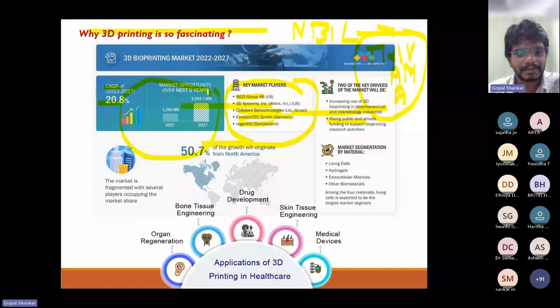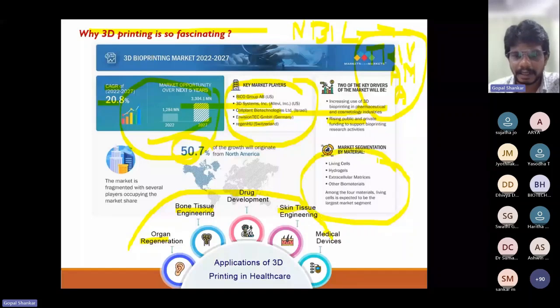And you see that the market is fragmented into many players, but most of the time it is from North America, that is US, Canada, etc. And you can use them for all of these applications: organ regeneration, bone regeneration, drug development, skin engineering, and medical devices. And in terms of materials, they are segmented as living cells, hydrogels, extracellular matrix, and other materials.